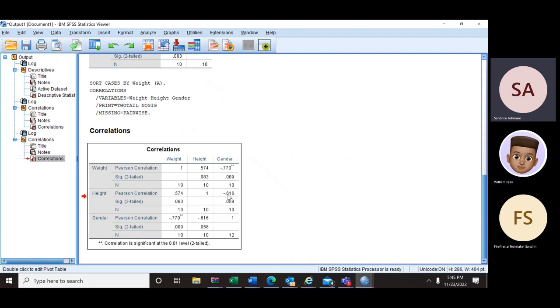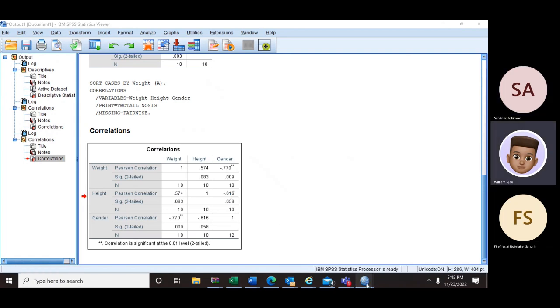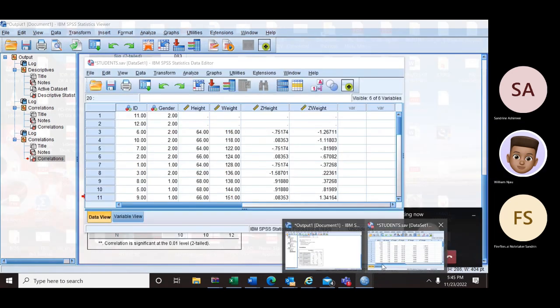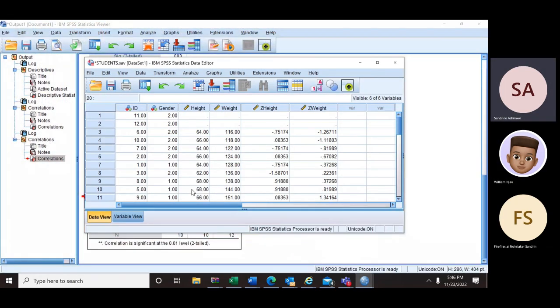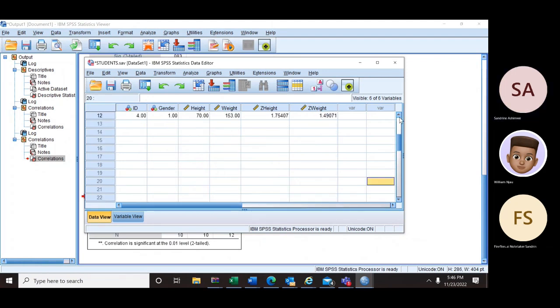So this means that, let's see, I was trying to see here for male, the values for weight are higher than for female.